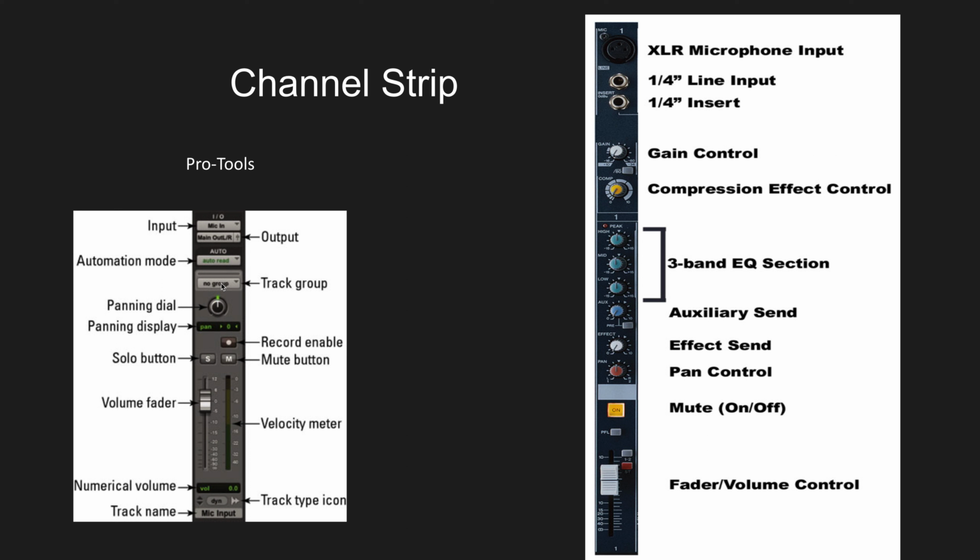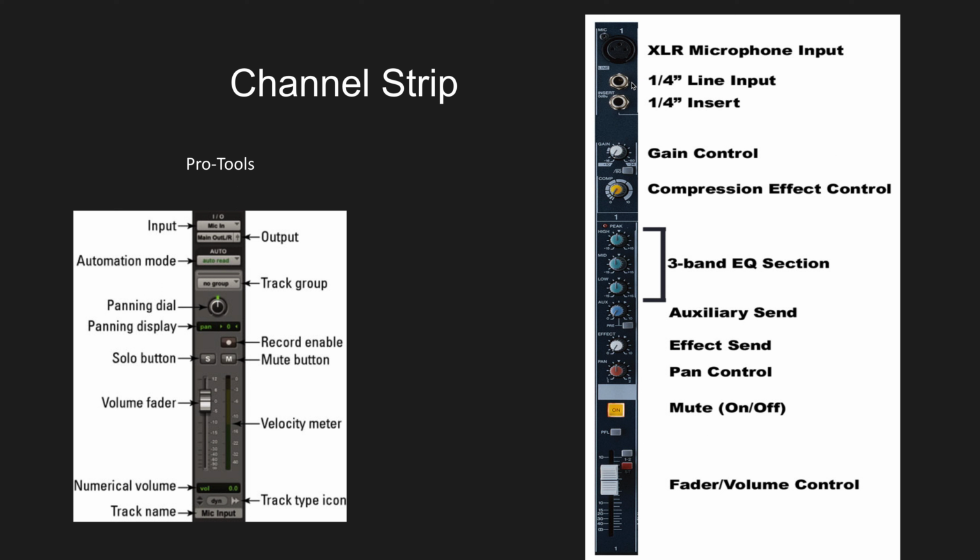Your group, your panning dial, your panning display, record enable, solo, mute, your fader, velocity meter, and then you have your volume, which is a representation of this fader, your track name, and then the track type right here.